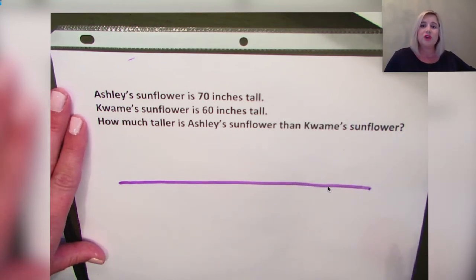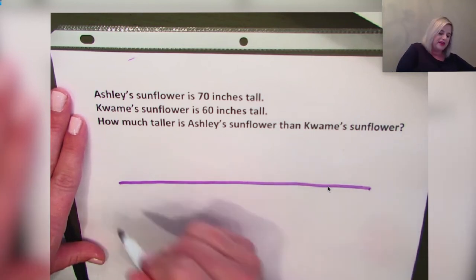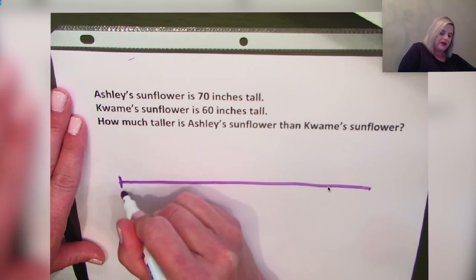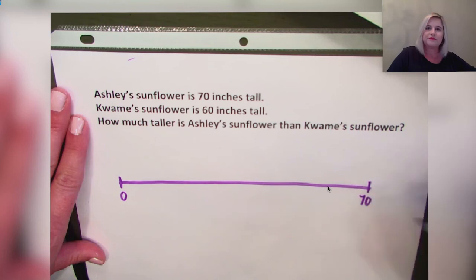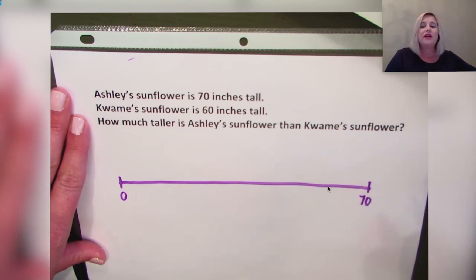Now, I will start with 0 and I will count by 2s. So I will have 0 over here and then I will have 70 over here. So I know one sunflower is 60 inches tall.